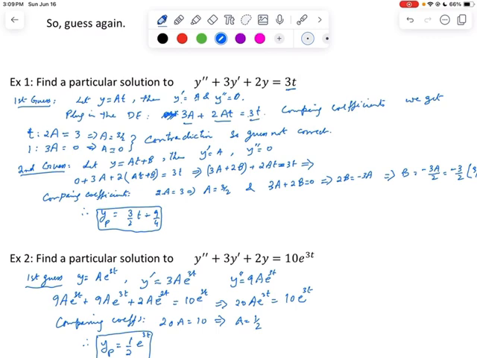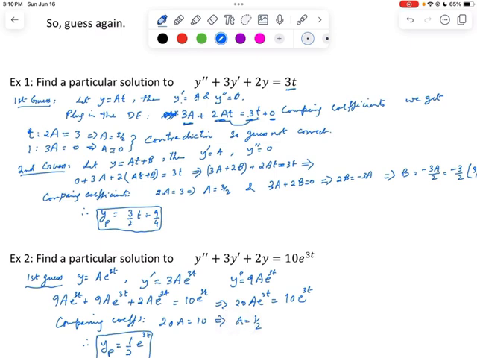On the right hand side we only have the term with t, so for the constant term we can say plus 0. So 3a is equal to 0, and 2a is equal to 3. So you are getting two values of a in the same problem: one is 3 over 2 and the other is 0. This cannot happen. This is a contradiction, so our guess is not correct. We have to guess again.